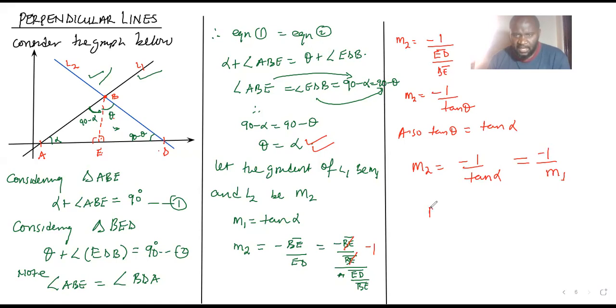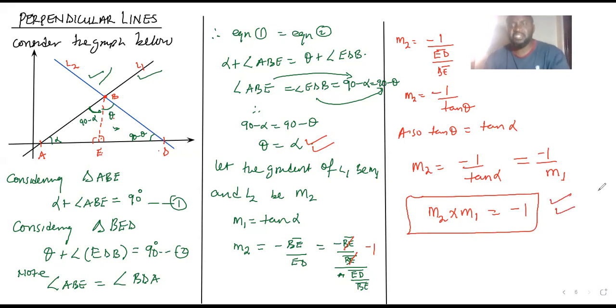It is from here that M2 times M1 is always equal to a negative 1. So whoever was not comfortable with the derivation, we just need only this. But as a teacher of advanced mathematics, I had to show you how the derivation comes about, but no one can ask you to derive.